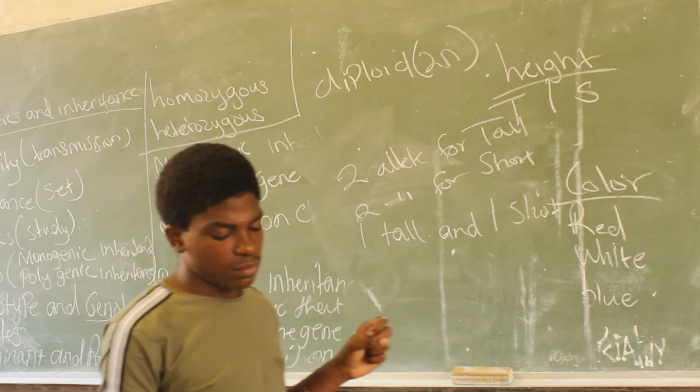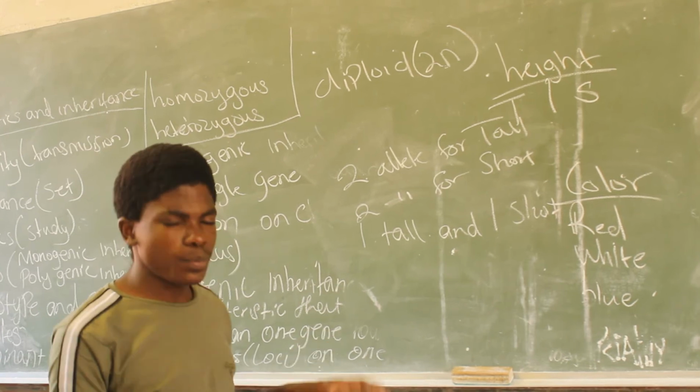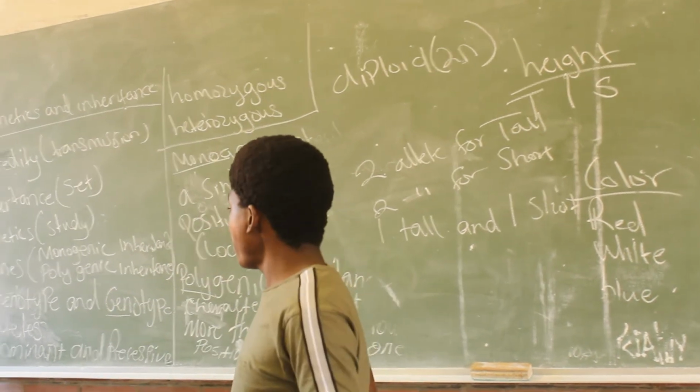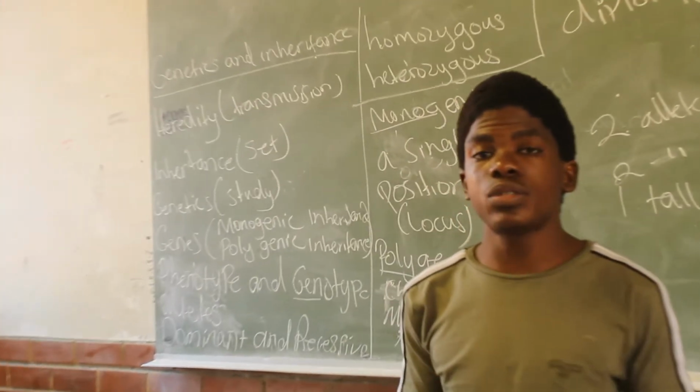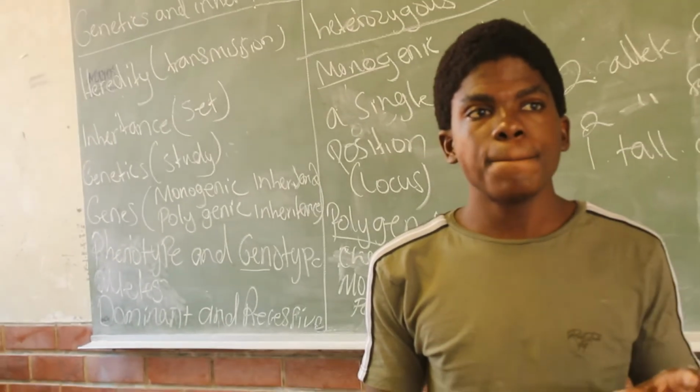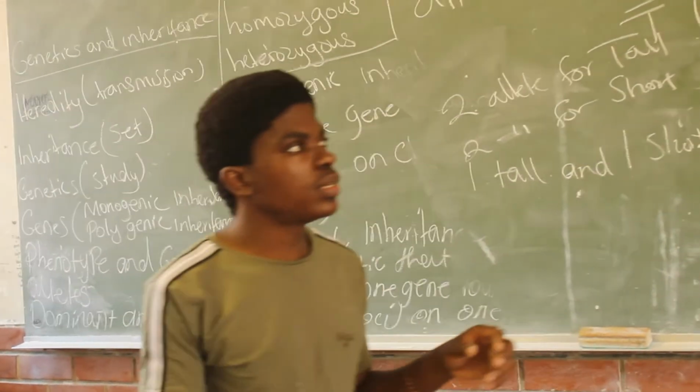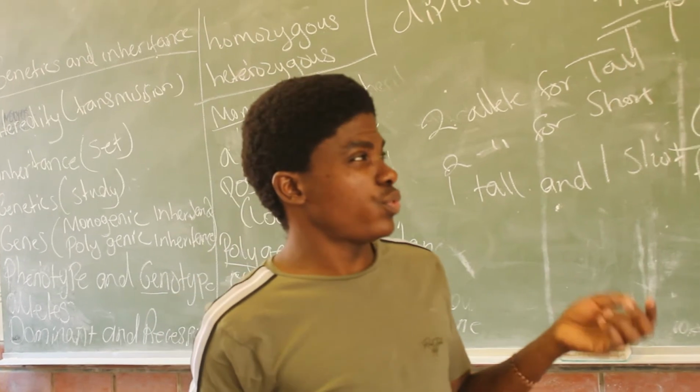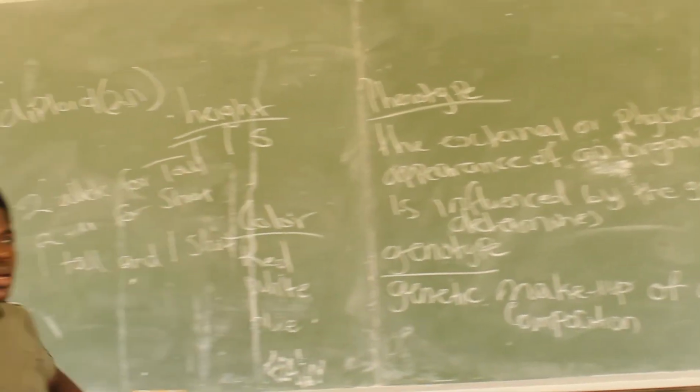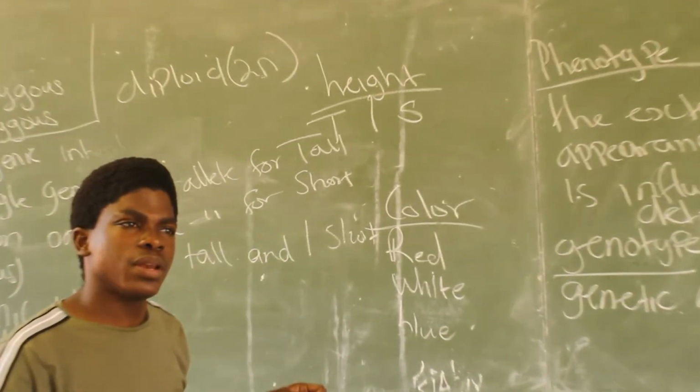Remember, when we are talking about alleles, we now understand that they are alternative forms. An example is height.